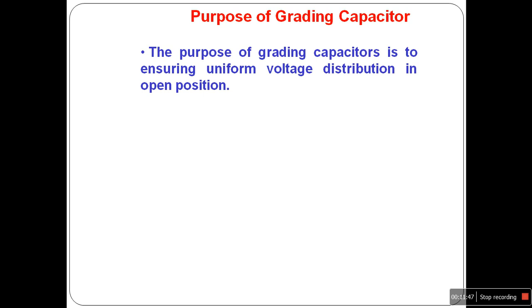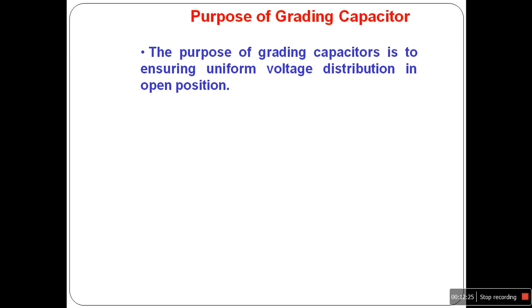As the grading capacitor equalizes the voltage across each contact, the voltage across each contact will be 200 kV individually. So the pressure of SF6 gas needed to quench the arc will be the same as that used in 220 kV switchgear. As I mentioned earlier, mostly the pressure of SF6 gas in a 400 kV circuit breaker is 6 bar, which is also the pressure of the circuit breaker used in 220 kV switchgear.